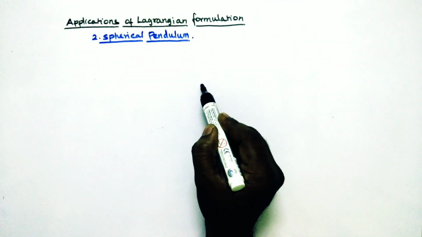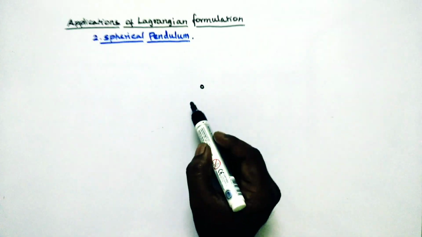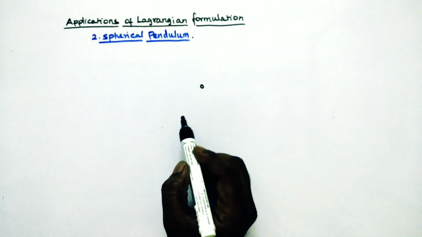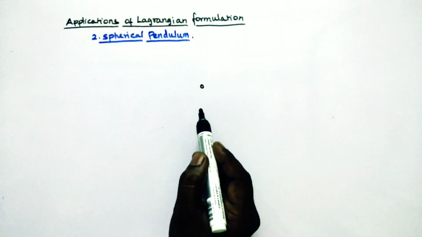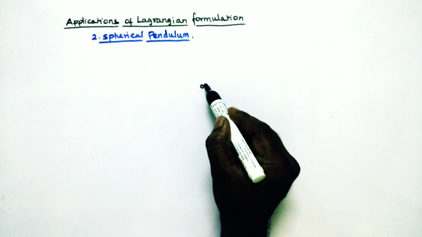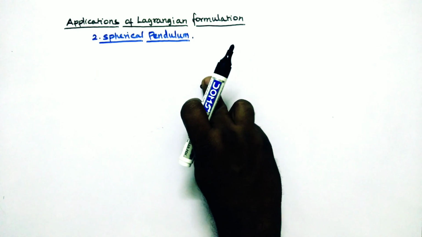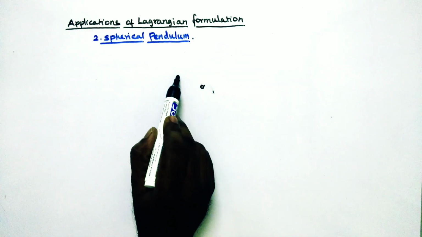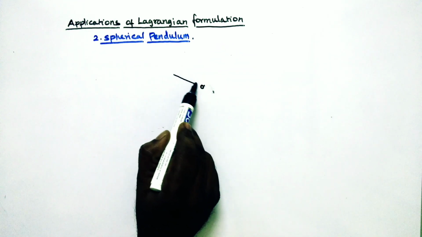Now, this is a particle. It is moving freely everywhere in space. Now I want to restrict the movement of the particle, so I connect it with a bob.